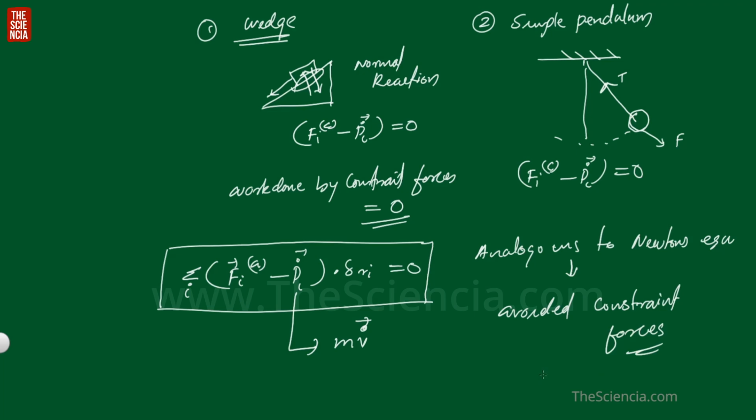Similarly, in dealing with the dynamics, these constraint forces are very problematic and we are going to avoid them. No more will these constraint forces make our problems complicated. That is why we are formulating another mechanics, that is Lagrangian mechanics. Okay. Here I forgot to tell you one thing. This statement, the work done by constraint forces equal to 0, is called the principle of virtual work.